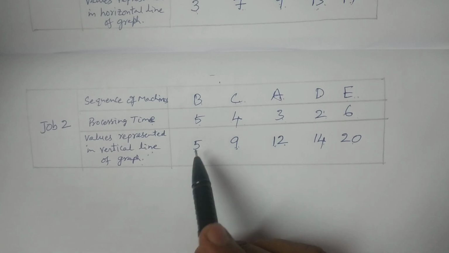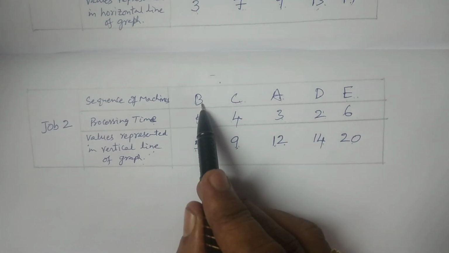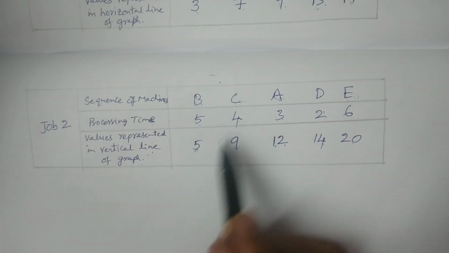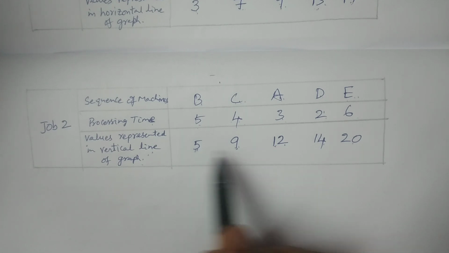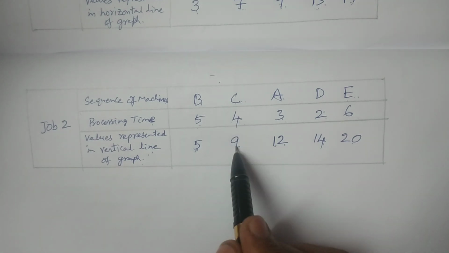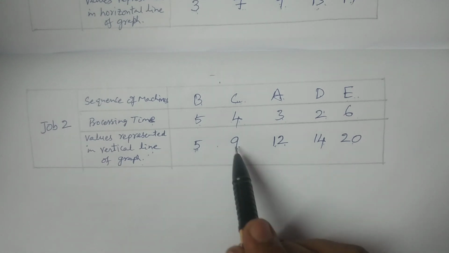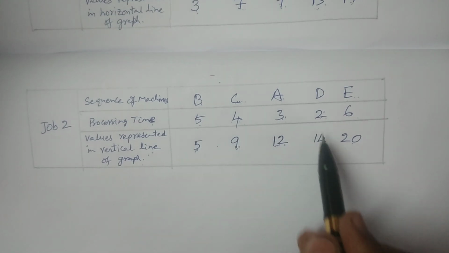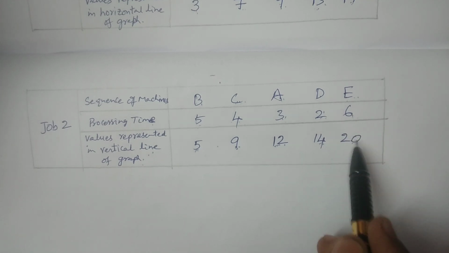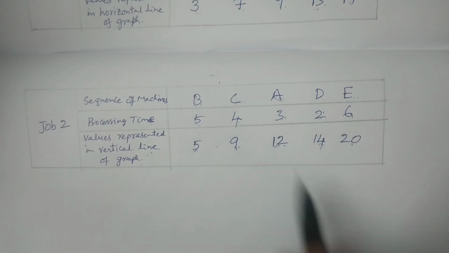So we add: 5 is represented for machine B, and 5 plus 4, a gap of 4 units, 9, is represented for machine C, and so on. 9 plus 3, 12, 12 plus 2, 14, 14 plus 6, 20, which are to be represented in the vertical line. Now quickly go to the graph.